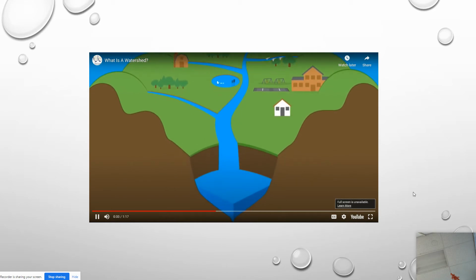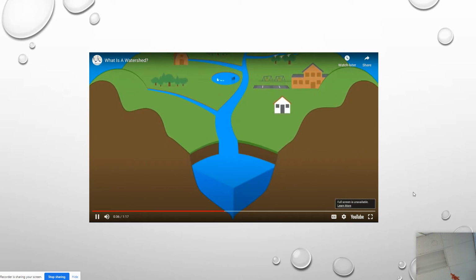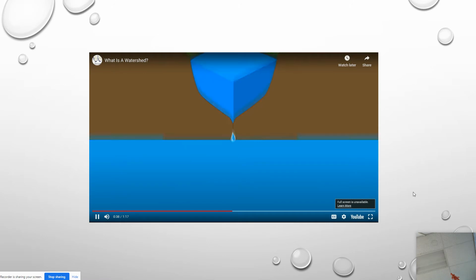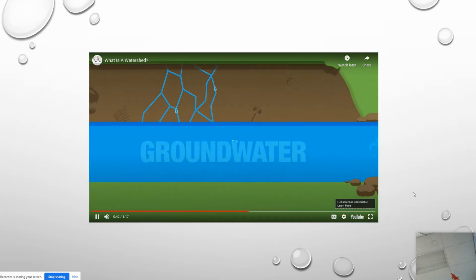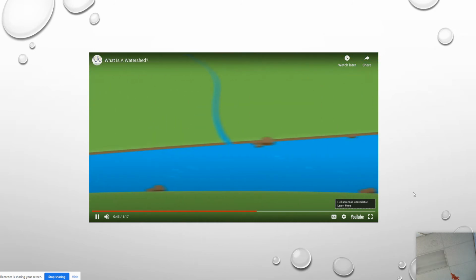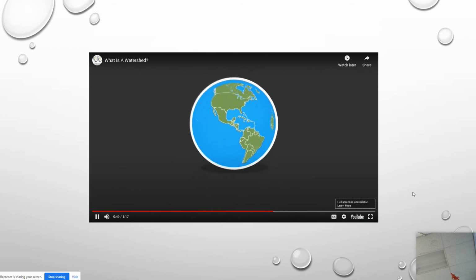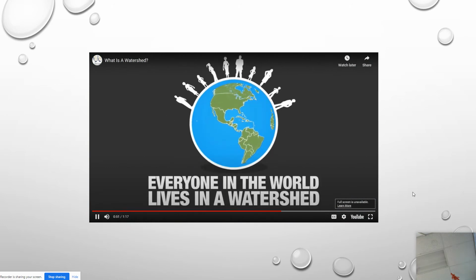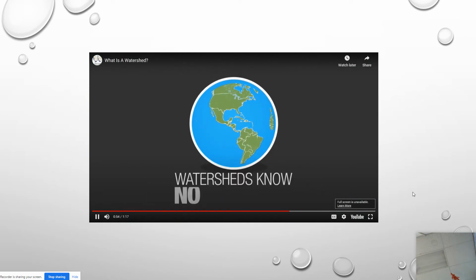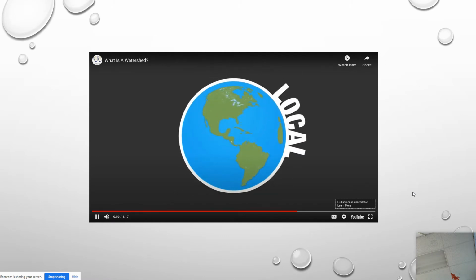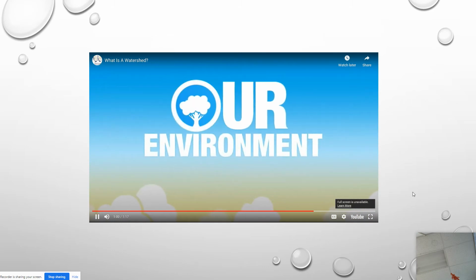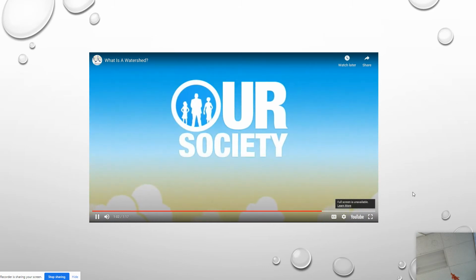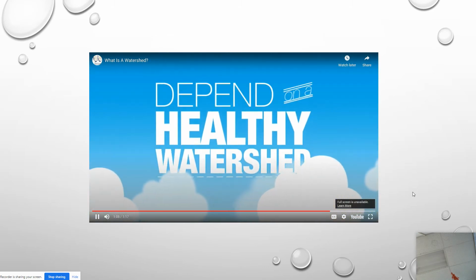Think of a watershed as a funnel, collecting all the water within a specific area and draining into the nearest body of water. Drop by drop, water is channeled into soil, groundwater, creeks and streams, making its way to larger rivers and eventually the ocean. Everyone in the world lives in a watershed. Watersheds know no political borders, whether local, national, or international. Our environment, our economy, and our society all depend on a healthy watershed.